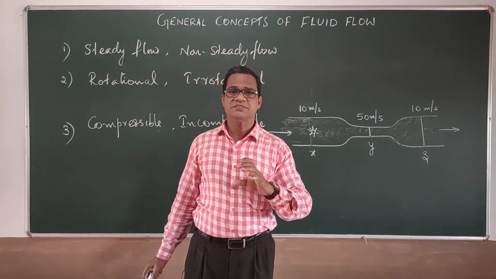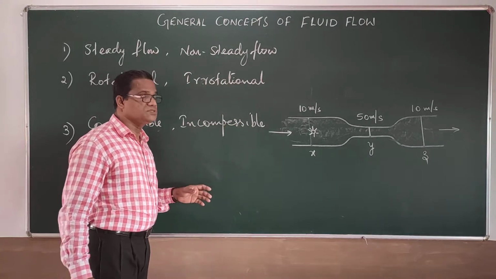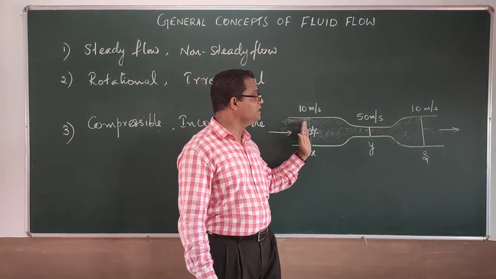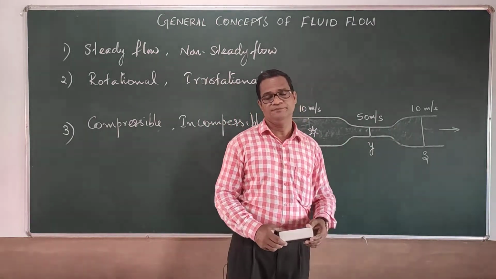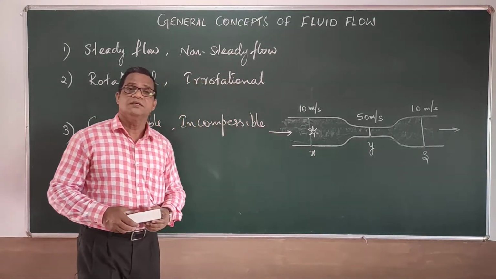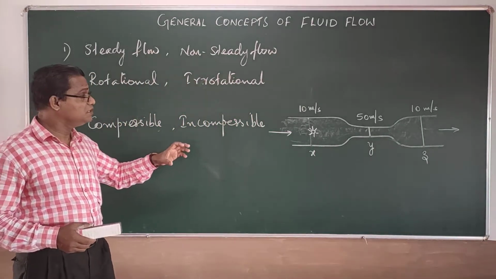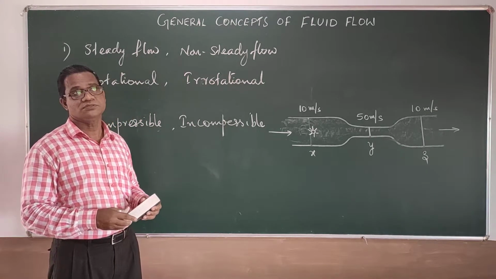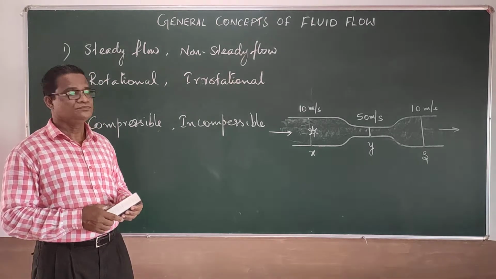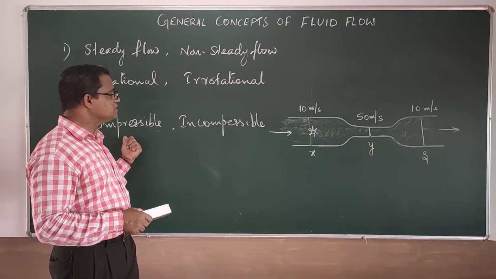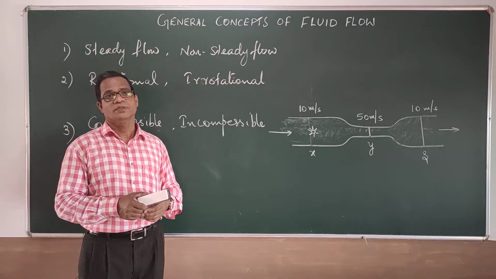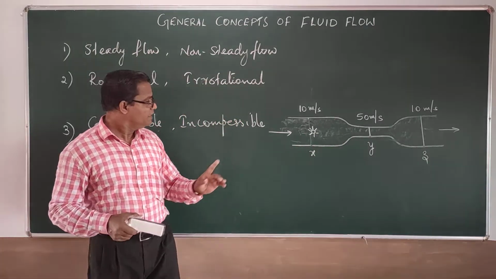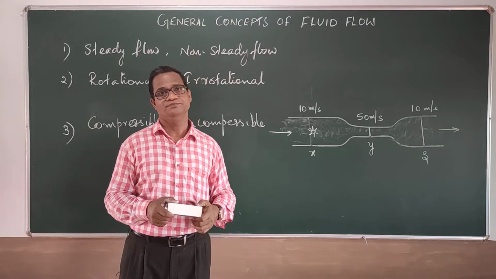This effect is understood in terms of the density of the flow of liquid at each instant and at each point. If there is a change in density of the fluid with respect to different positions of flow, then it is called compressible flow. And if the density remains uniform throughout the flow, then it is called incompressible flow.